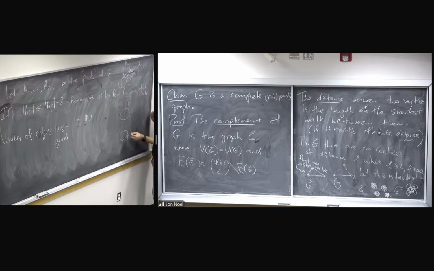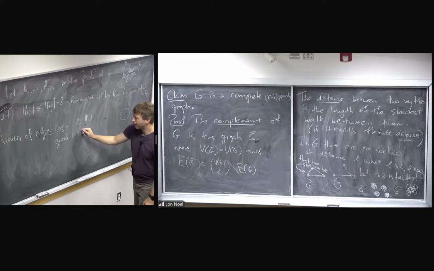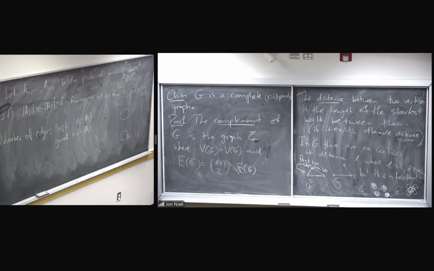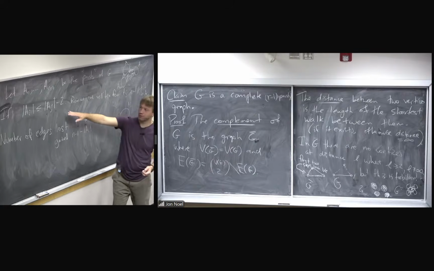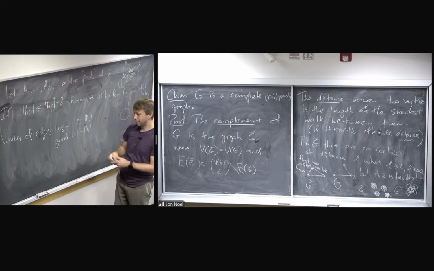When I add a new vertex here, it won't be adjacent to that thing I plucked out. So the number I gain is n minus 1 minus the size of AI by adding a vertex there. But since the gap was at least 2 between these things, this is going to work out nicely.